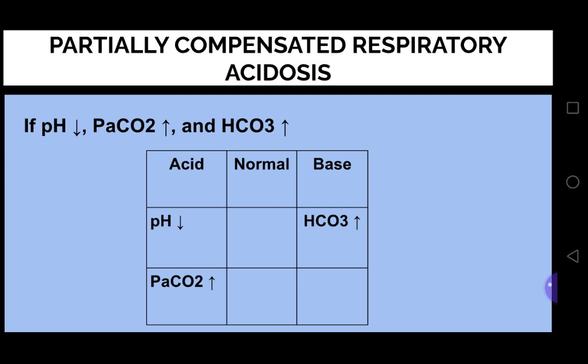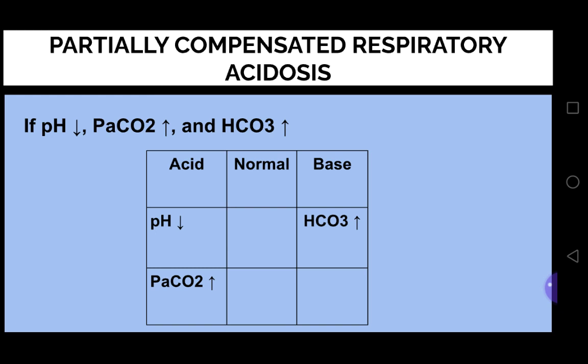However, you can see that bicarbonate concentration is increased. So it means that it has compensated for acidosis, because when bicarbonate increases, it also increases the blood pH, taking it towards the alkaline side. So this slide shows that bicarbonates have increased.